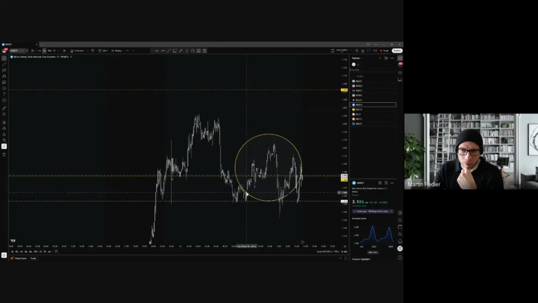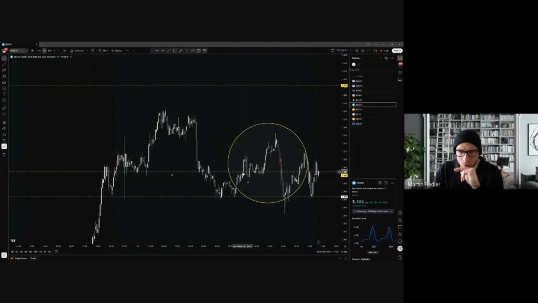I saw this and I was too late and made something here. But then I got in here. It bounced back to this area and shot up, and I entered here. Then it consolidated here. I brought the stop loss here and was at break even. Then it went 7.5 hour, I thought, and yeah, no luck, I think.